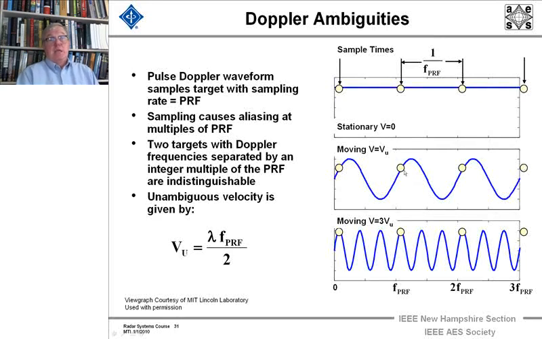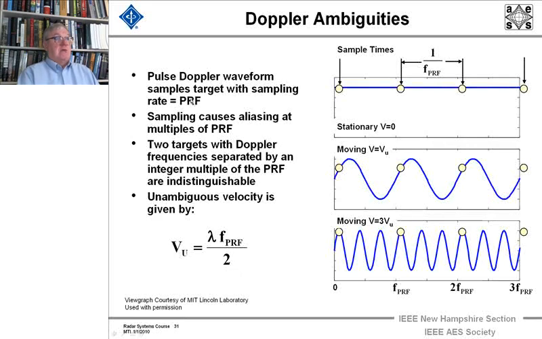So you can see that sampling gives you that blind speed. You can't tell from the samples that you've got a sine wave if you sample at integral multiples of that. In this case, the sine wave is 3 times the unambiguous velocity, which is lambda times the PRF divided by 2.